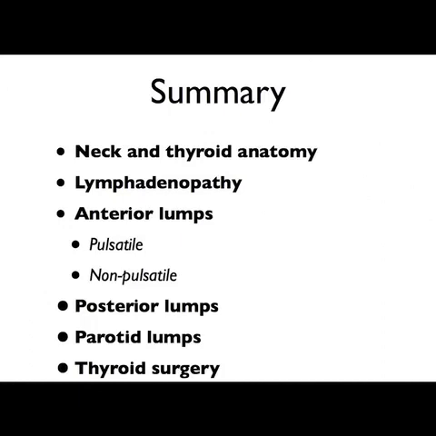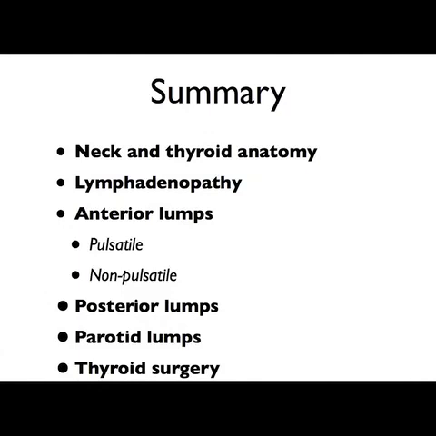Anyway, in summary, we've looked at neck and thyroid anatomy, or we've tried to. It's quite a tricky little area, a bit dry. Lymphadenopathy: remember that this is the most common cause of a lump in the neck. We've looked at some of the rarer causes, and we split these into anterior and posterior. We split the anterior ones into pulsatile and non-pulsatile.